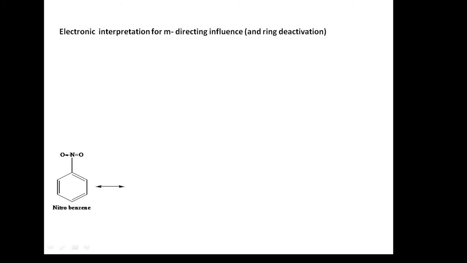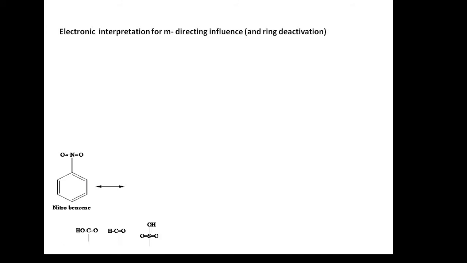For this we consider again nitrobenzene, where the benzene ring is attached to the nitro group. Now we can observe the structure of the nitro group, where the nitrogen is linked to the ring carbon atom, that is why it is called the key atom. This key atom is linked to an electronegative atom by a double bond, and this double bond is conjugated with the ring double bond.